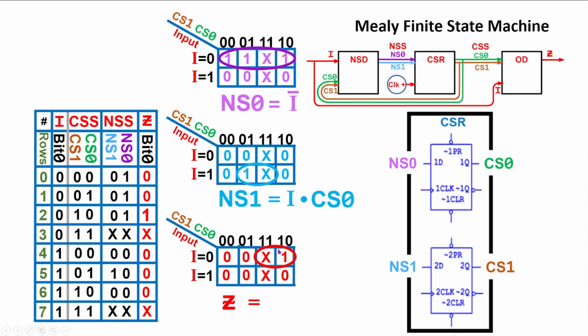And then on the above, it looks like the values on the right are opposites, and that represents the CS0, which means CS0 will not be used in the solution, but CS1, which is both ones, will be used in the solution. So here, the resulting simplification is not I times CS1.